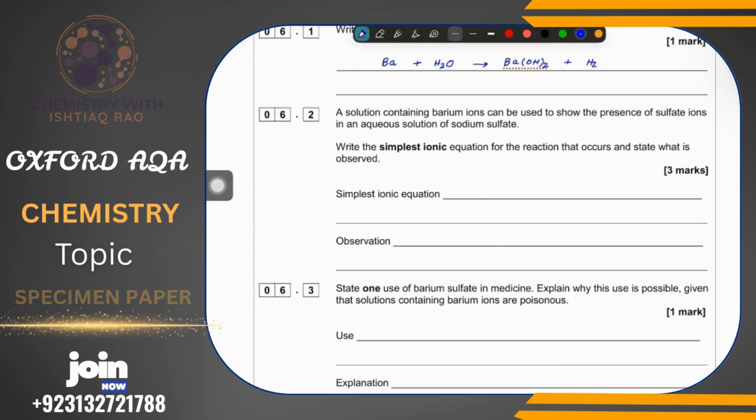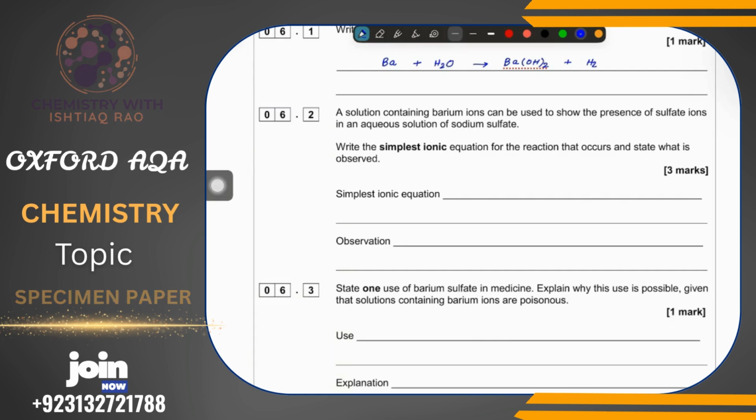Ba2+ plus SO4 2-, I think, will be the ionic equation.